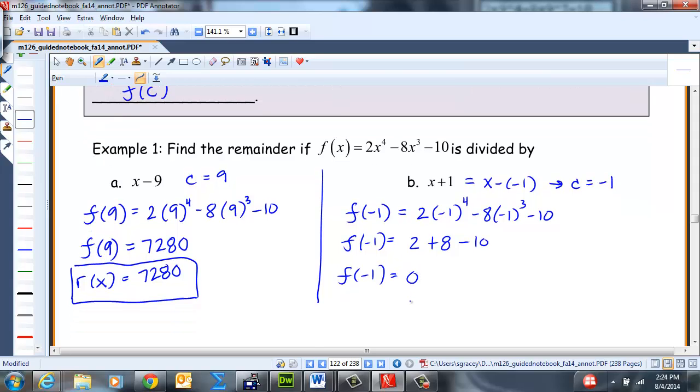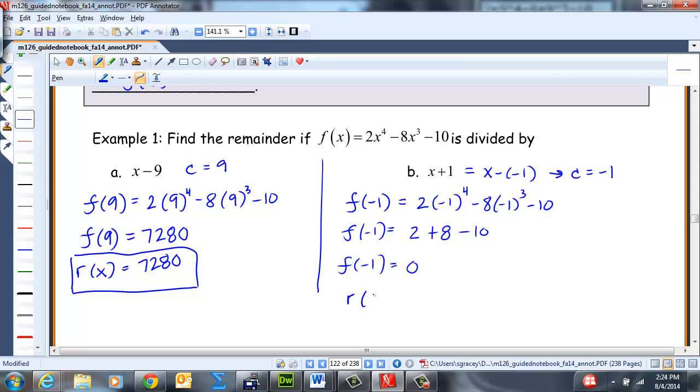So what does that mean? The remainder r of x is 0 when you divide that by x plus 1. So what do you think about x plus 1? Exactly.